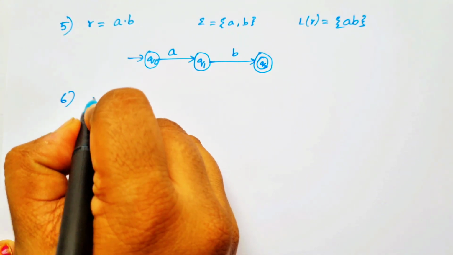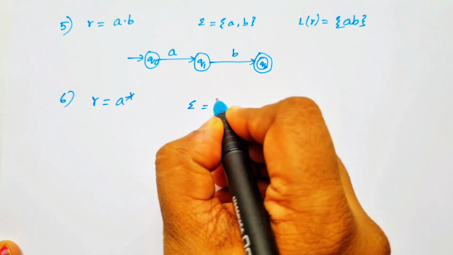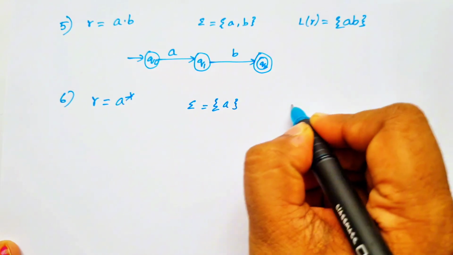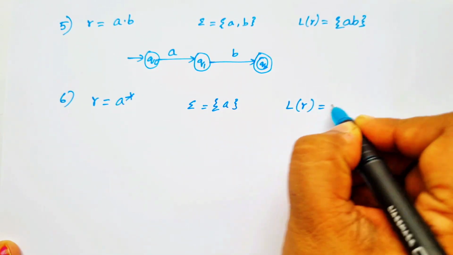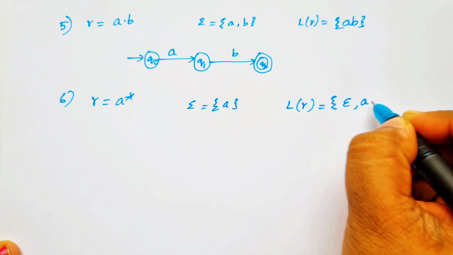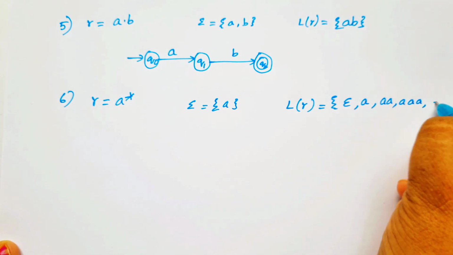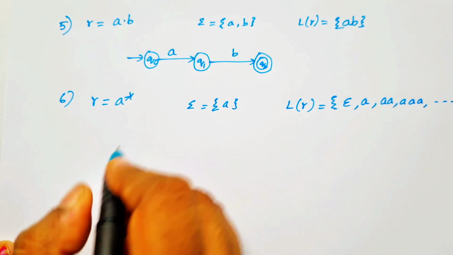Next one, R equal to A star, meaning the input alphabet is only A and the language is epsilon, A, AA, triple A, four A's, five A's, and so on.